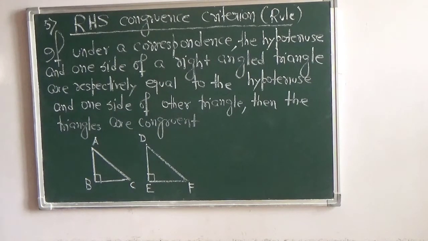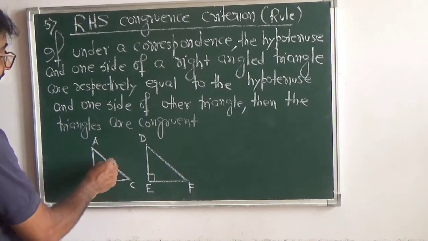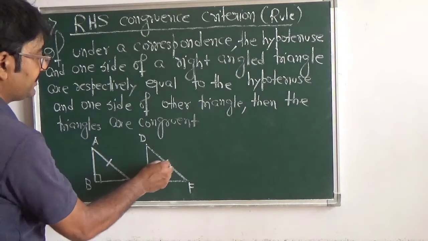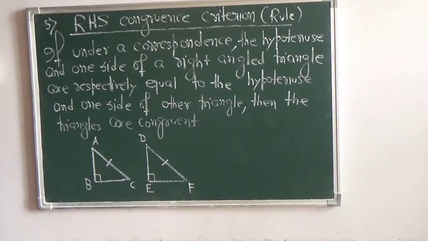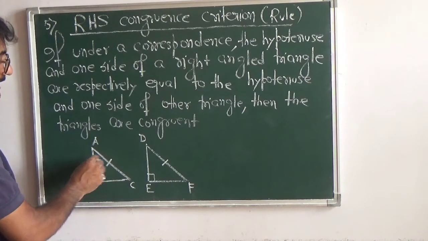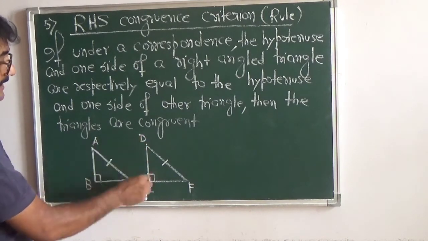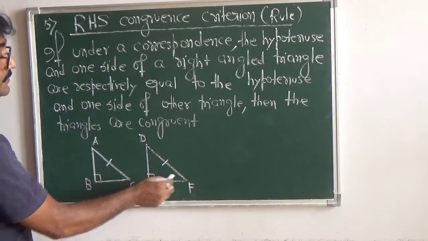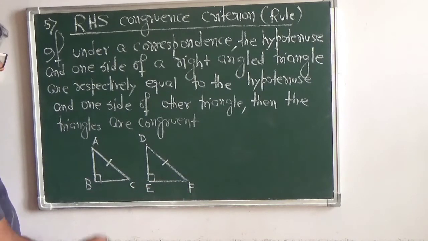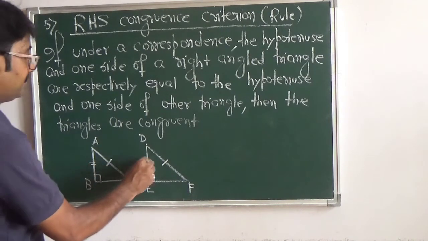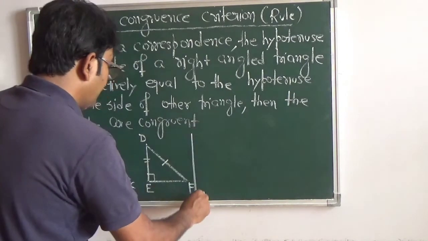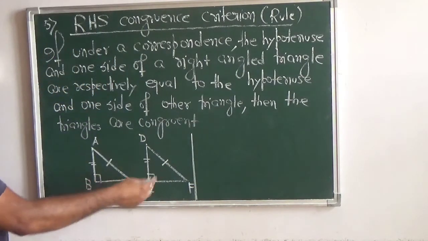If under a correspondence the hypotenuse and one side of a right angle triangle, that means AC and DF, which are the hypotenuses of the respective triangles, are equal, and you can take any of the two sides, let AB equal DE or it can be BC equal EF, then the triangles are congruent.